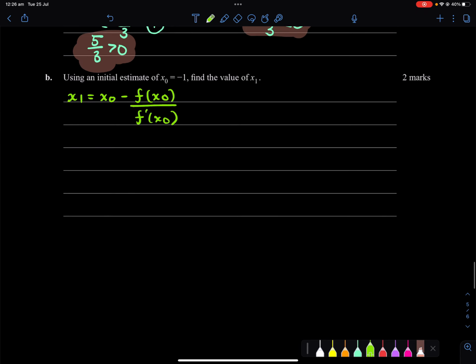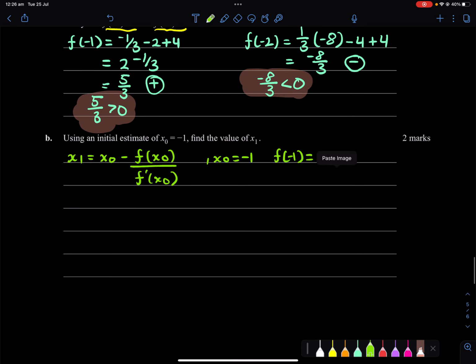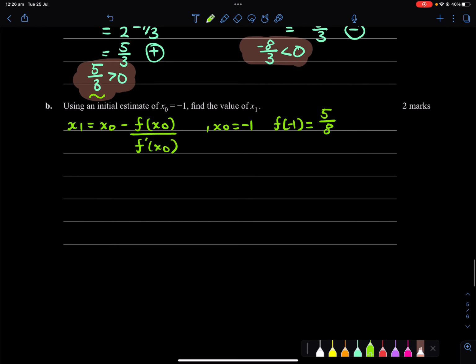So let's try to do that. What is our x0 here? It's -1. Let's sub that into f(x), so it would be f(-1), which is this value over here, 5 over 3. Okay, that's perfect. Now we want to find the derivative to calculate for this one over here.